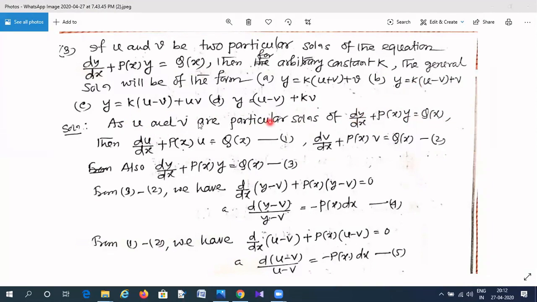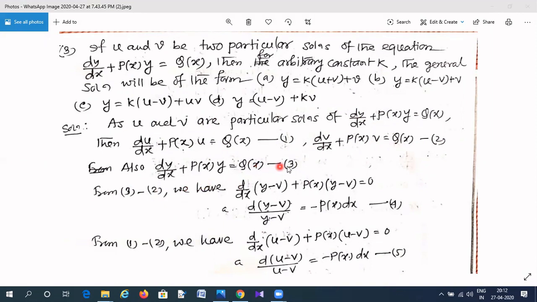So putting u in place of y and v in place of y, as u and v are solutions, we get du/dx + P(x) u = Q(x), and the next equation dv/dx + P(x) v = Q(x). We are numbering these as 1 and 2, and the main equation which is given, we are numbering as 3.